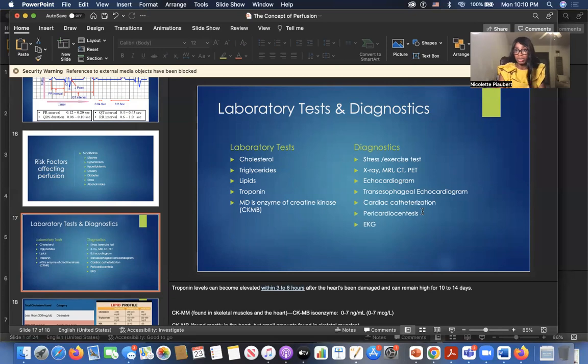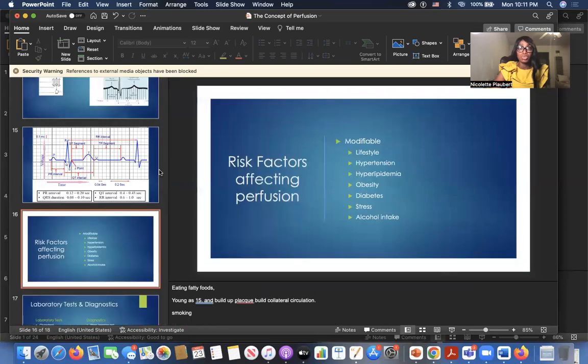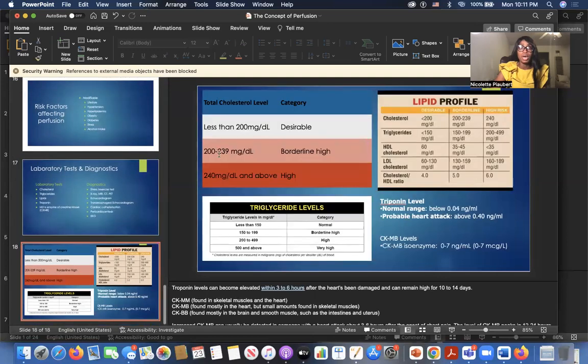And if it's more than 70%, they're going to do something. They're going to put a stent in and try to open it up so more fluid can pass through. Okay. Echocardiogram, we talked about the stress test. And that is about all to remember for perfusion. Of course, anything that we read in the book is fair game.